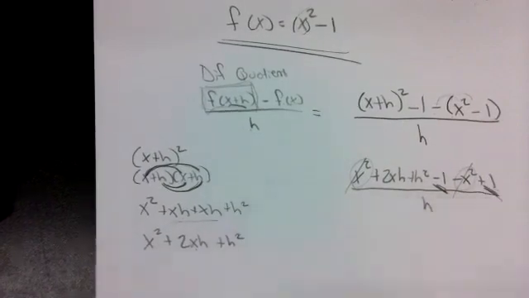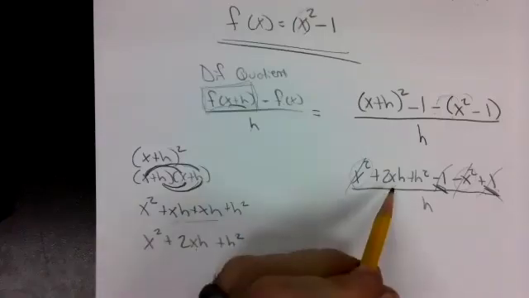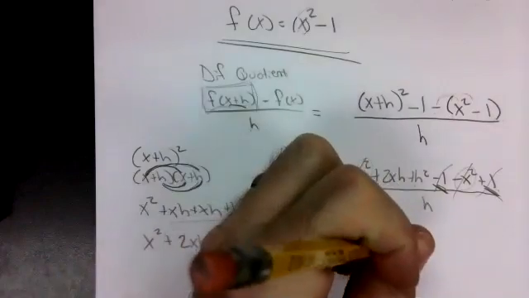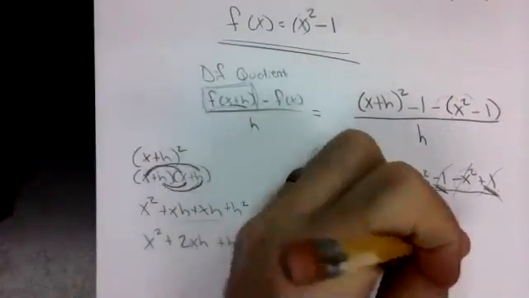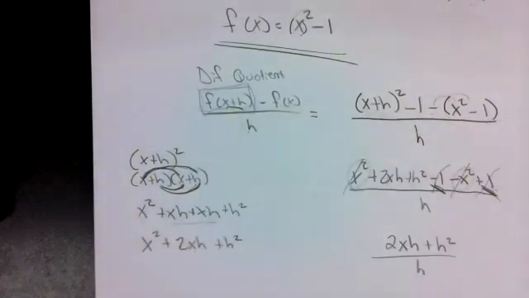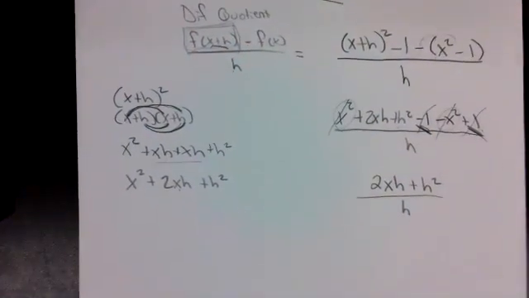Same, negative 1, positive 1, cancel each other out. I can't combine those. Those are different. So I've got 2xh plus h squared over h.